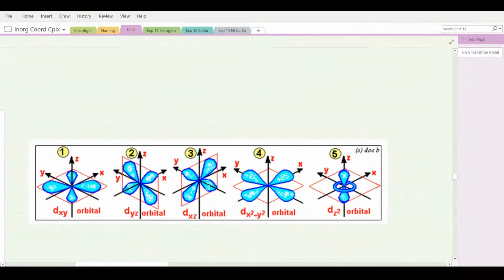So look again at the shapes of the dx squared minus y squared and dz squared orbitals, which have most of their electron density right along the x, y, and z axis.